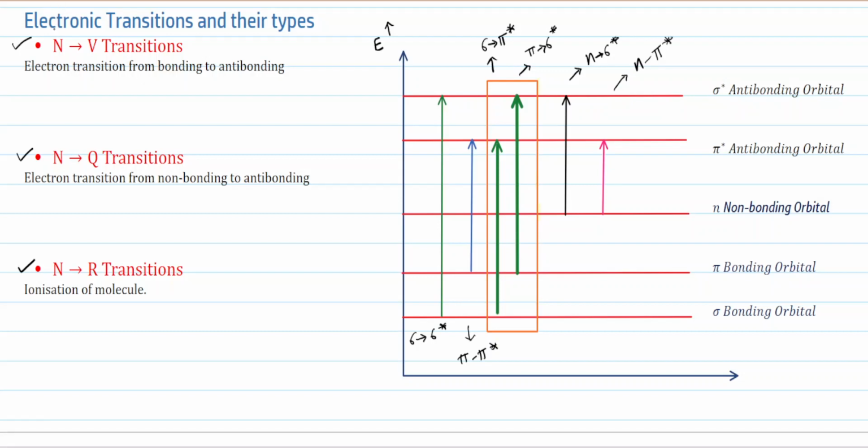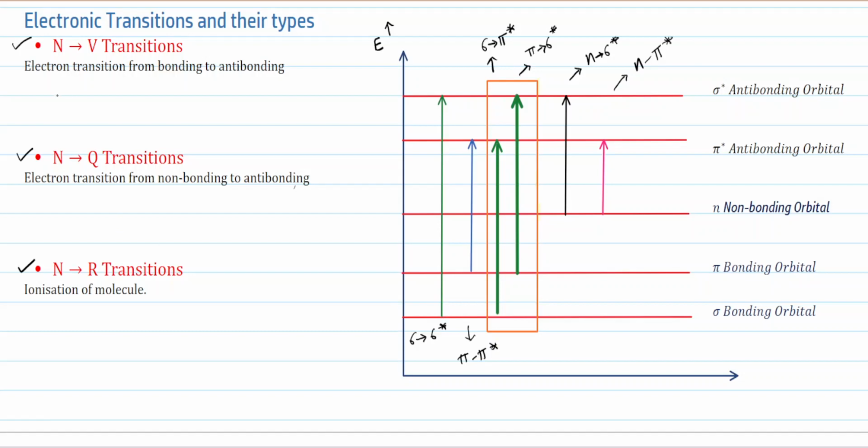Now the N to V transition means that the electron is promoted from a bonding orbital to an anti-bonding orbital. Now we have two bonding orbitals as well as two anti-bonding orbitals. Therefore, an electron can be promoted from the sigma bonding orbital or pi bonding orbital to the sigma star antibonding orbital or pi star antibonding orbital.